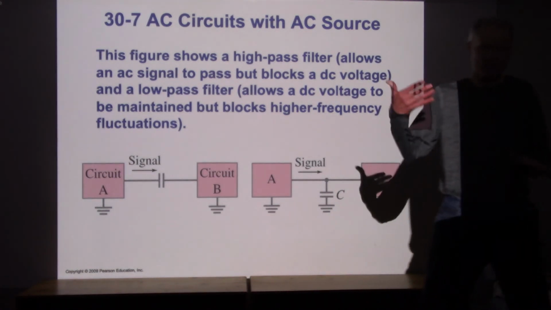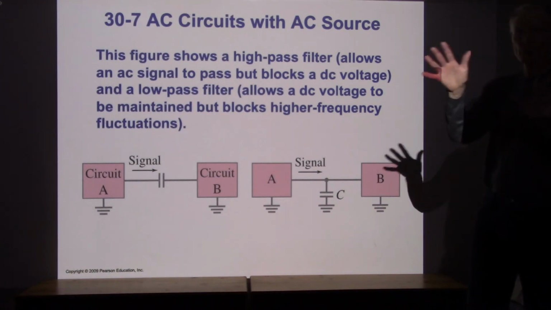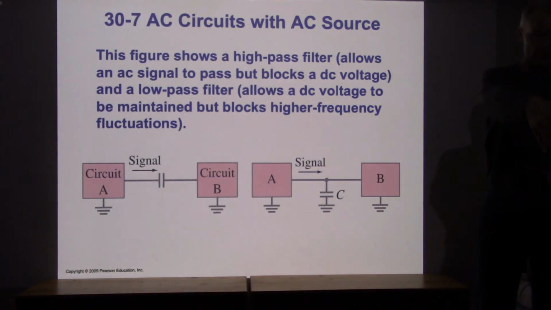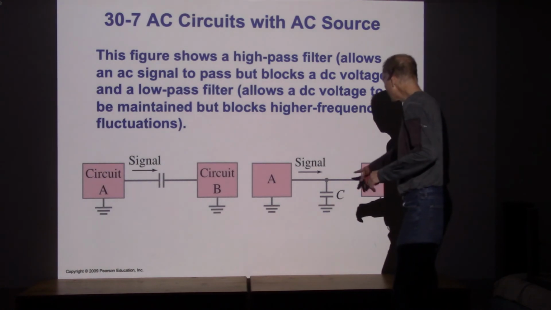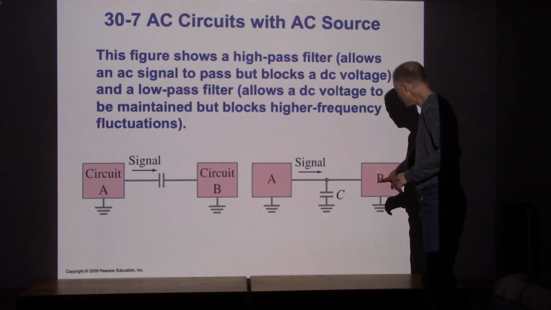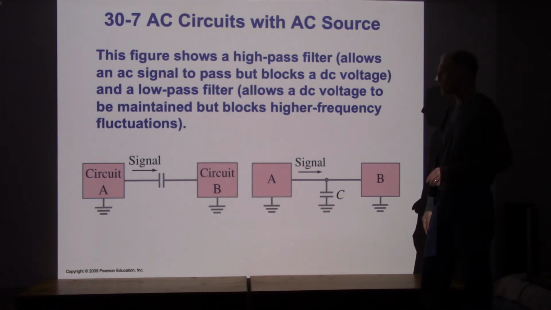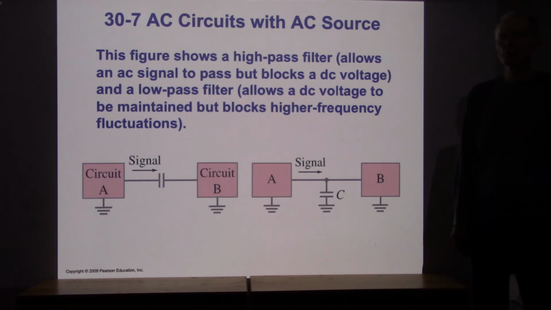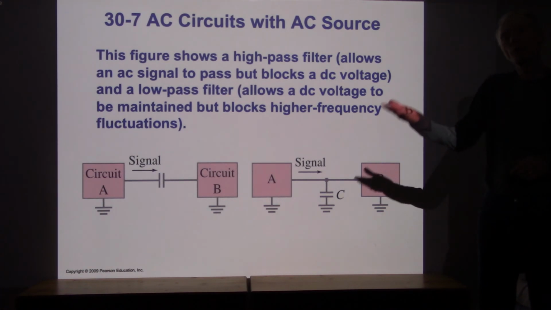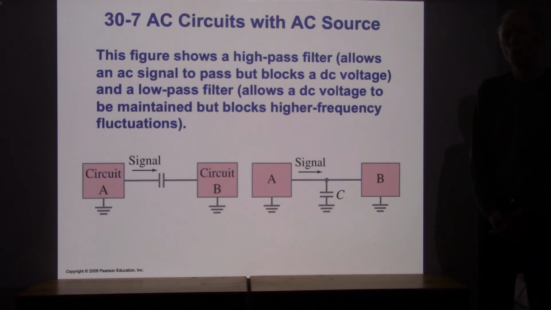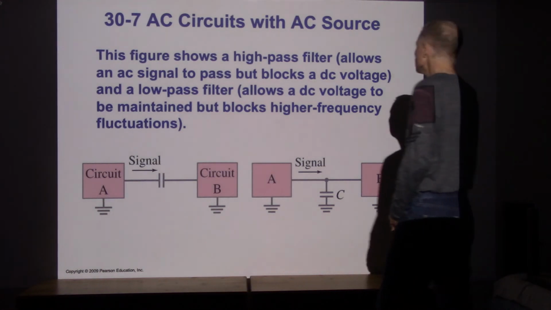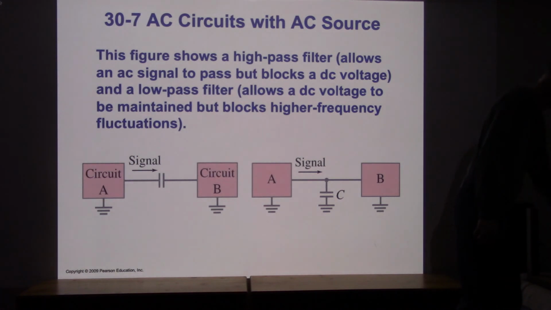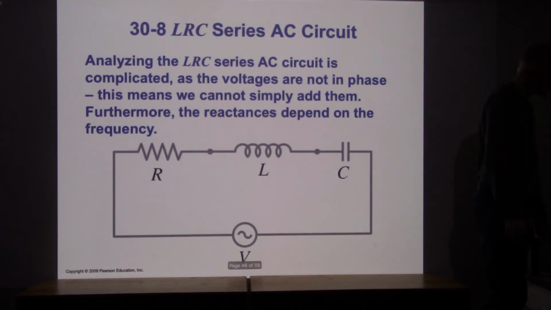So in this case, the high frequencies get diverted, and that means that only the low frequencies end up reaching circuit B. So we can set up circuits using capacitors to either favor transmission of high frequency signals or favor transmission of low frequency signals. An important part of circuit design.